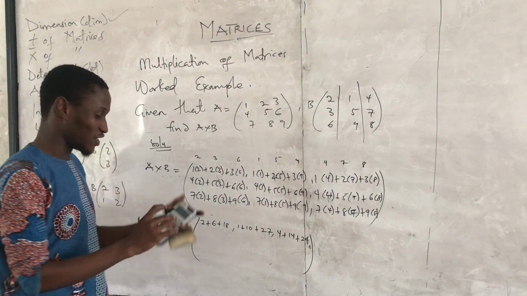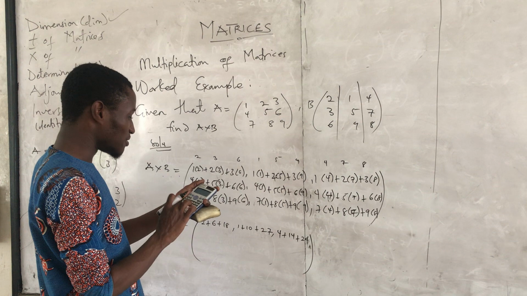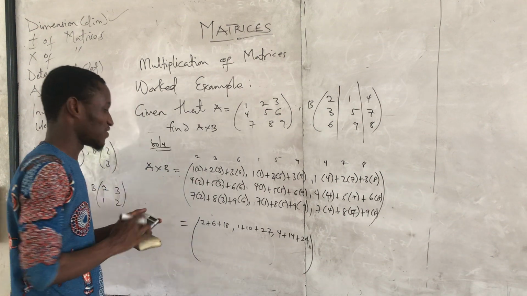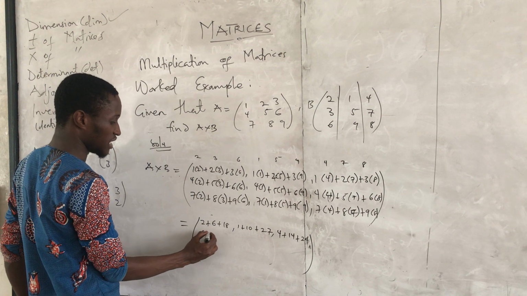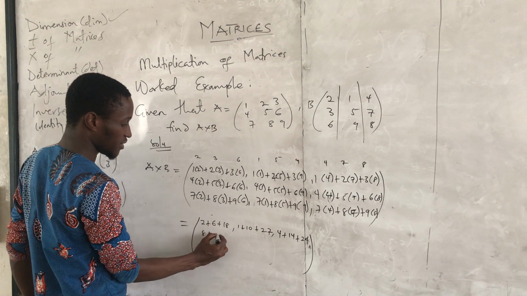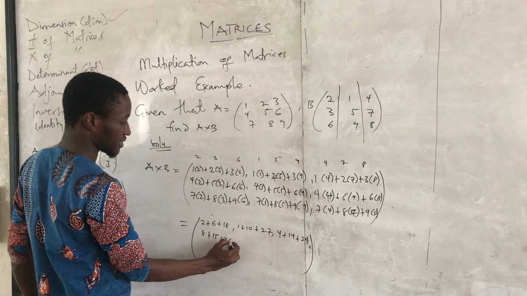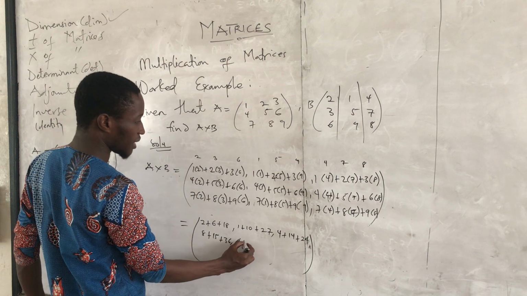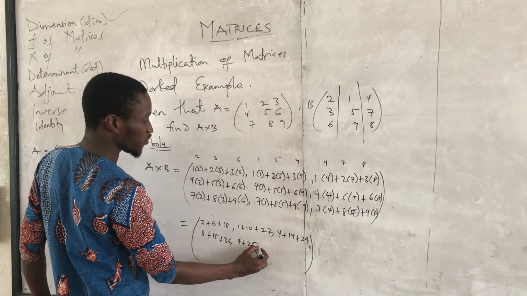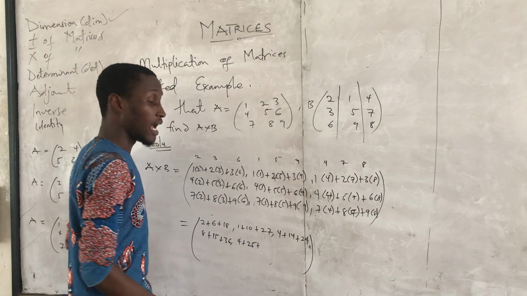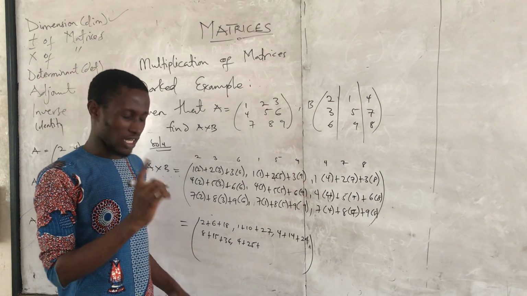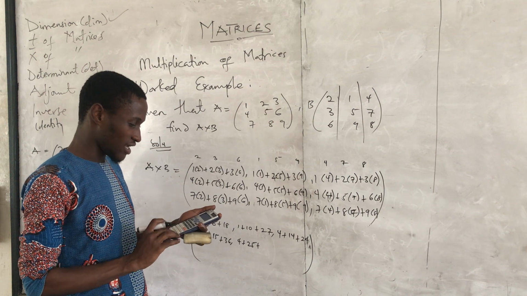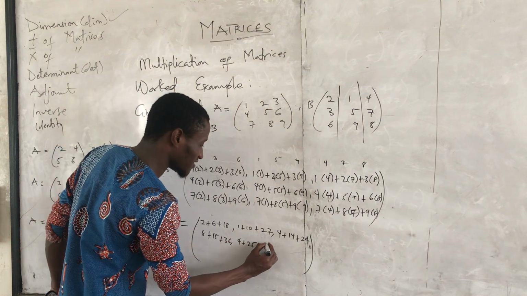Yeah, let me use that calculator. 3 times 8, 24. Okay. So then I come to the next row. I have 8 plus 15 plus 36. And I have 4 plus 25 plus 6 times 9 is 54. Let me use my calculator. 6 times 9, 54, so I'm right.